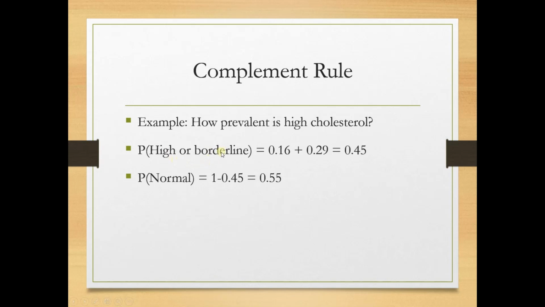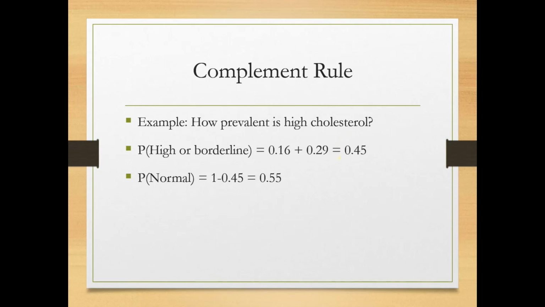The probability of having somebody with a cholesterol problem is the sum of those two probabilities, because high and borderline cannot happen at the same time. So this is your addition rule for mutually exclusive events. We're jumping the gun a little bit, but the probability is just the sum, which is 0.45.